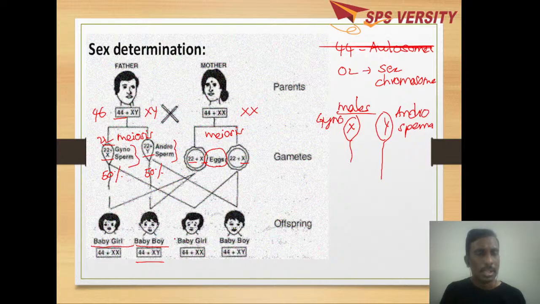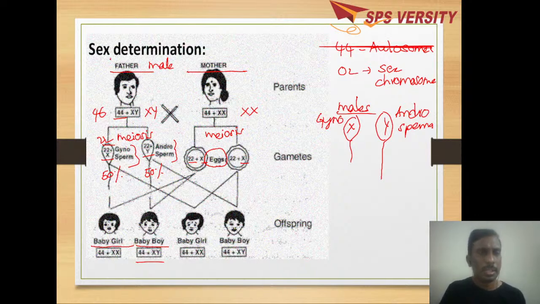That is, the sex of the offspring, the next generation, is decided by the male, that is the father, not by the mother. Generally in society, we blame the mother only. But scientifically, it is not the mother.